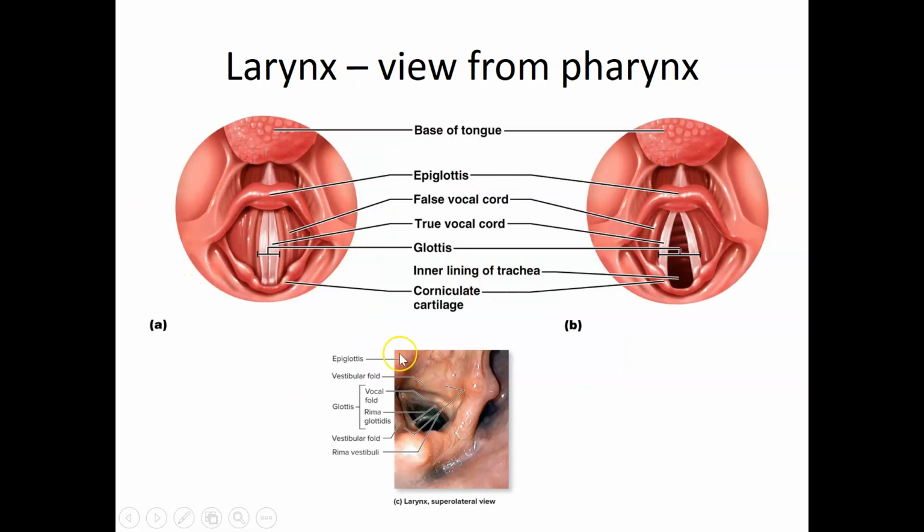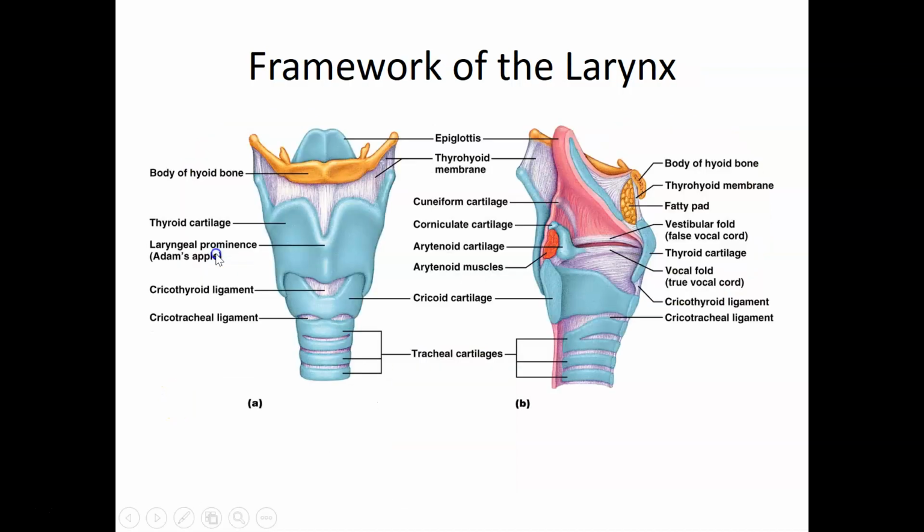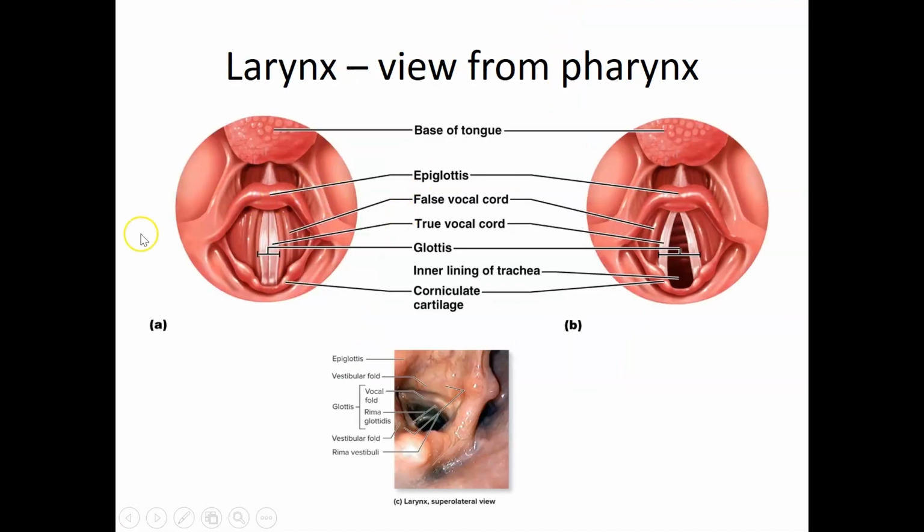Now, if you look down into the throat, and this view is a superior view looking down into it, and you can do this with a tool called the laryngoscope. Looking down into the throat, we're looking at the rim of the epiglottis here, so from this perspective, looking downward, we're looking at this rim. And this is looking down into the larynx.